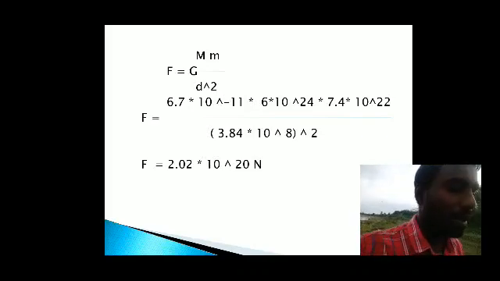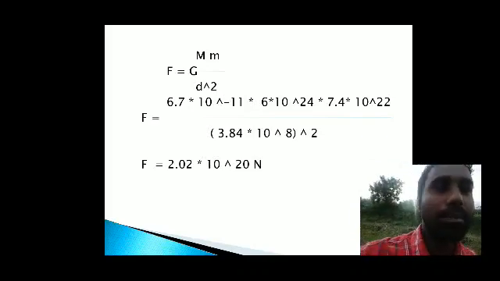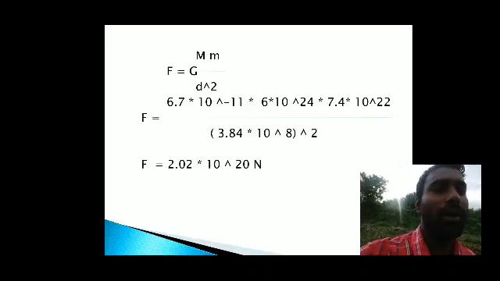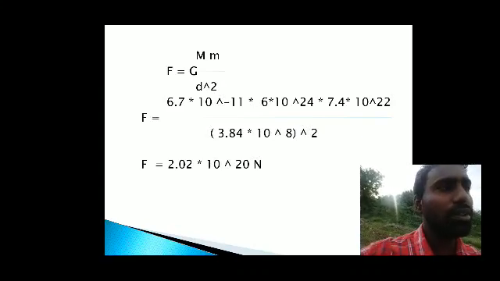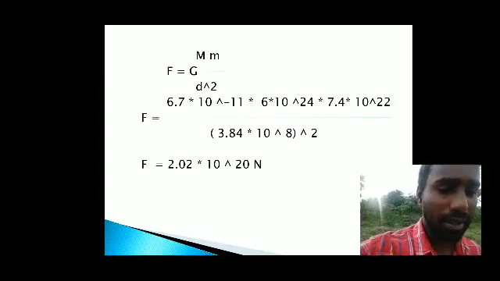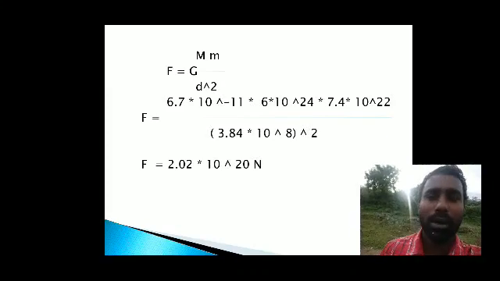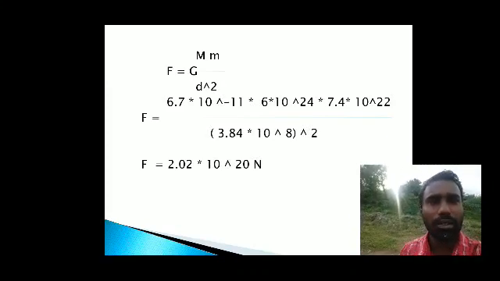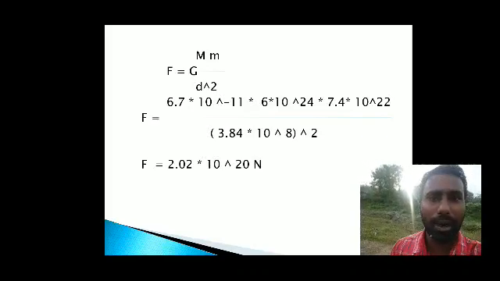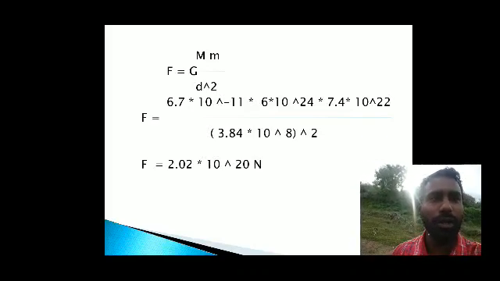If it is in the denominator, it will go up with the sign changed, meaning 10 power minus 16 will come. So 10 power minus 16 into 10 power minus 11, 10 to the power 24, 10 to the power 22.